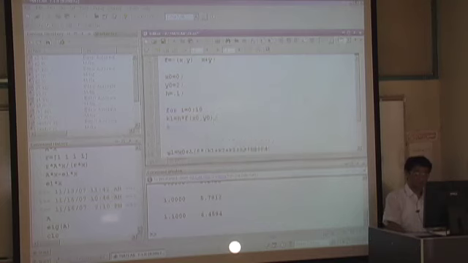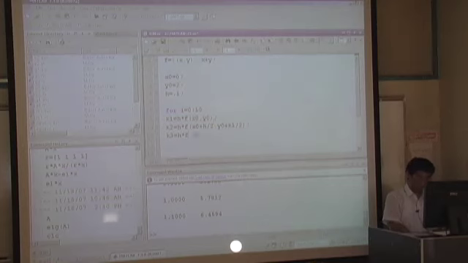K2 equals h multiplied by F of X0 plus h over 2, and Y0 plus K1 over 2. K3 is equal to h multiplied by F of X0 plus h over 2, and Y0 plus K2 over 2. And finally, K4 equals h multiplied by F of X0 plus h, and Y0 plus K3.